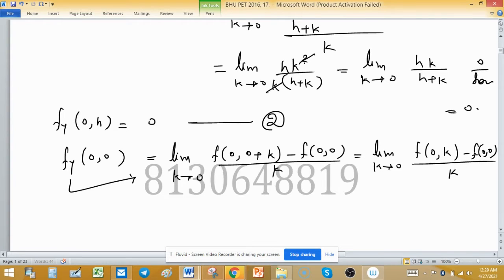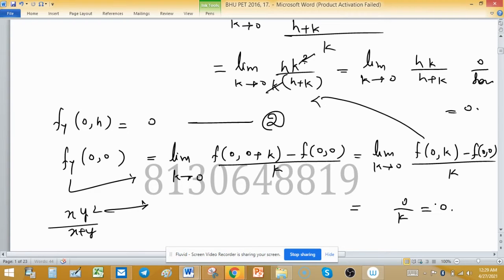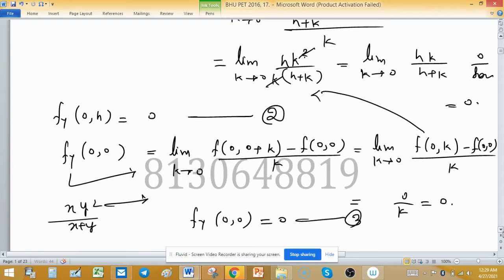F 0, 0 is 0 and the value of the first coordinate is 0. So if you put this in the expression, because the function is defined as x y square divided by x plus y, if one coordinate is 0, the numerator will give you value 0. So 0 upon k equals 0. So fy at 0, 0 is 0. Call this equation third.